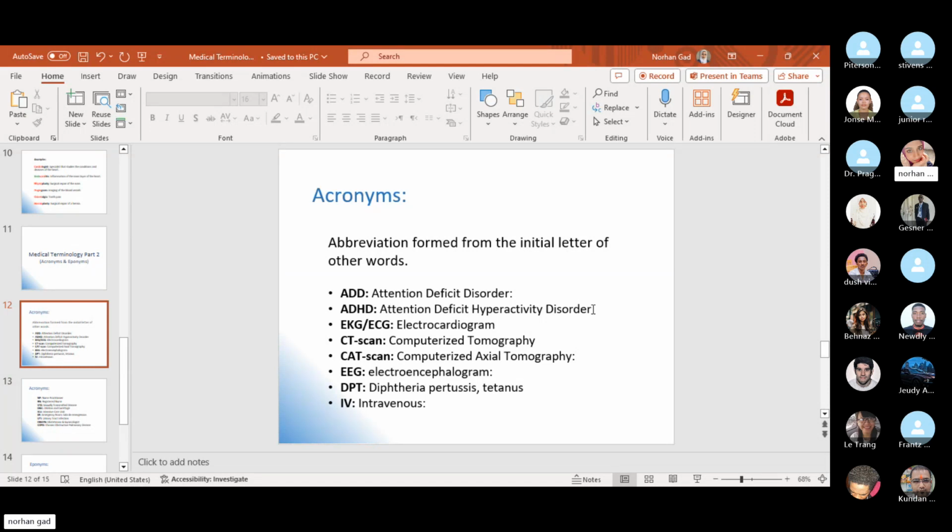Because again, they need to know what it means so that whenever they're going to talk to the doctor about the disease, they can use the same naming of that thing.